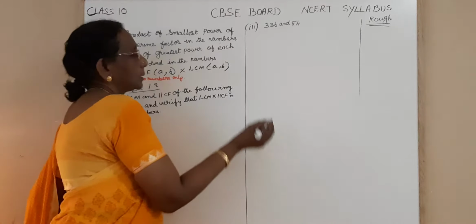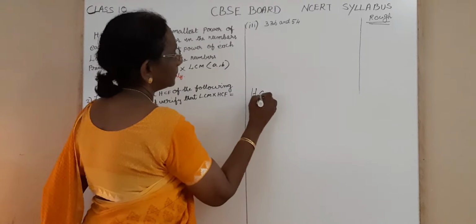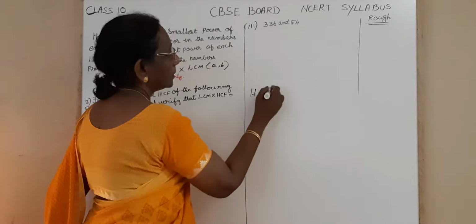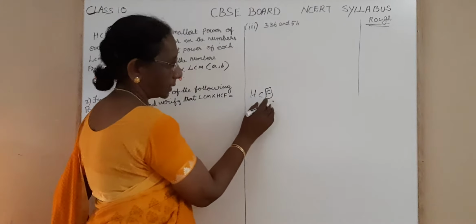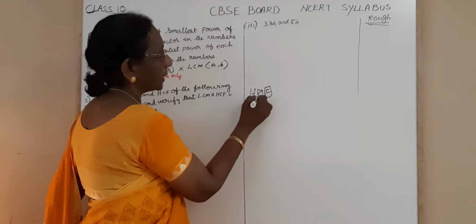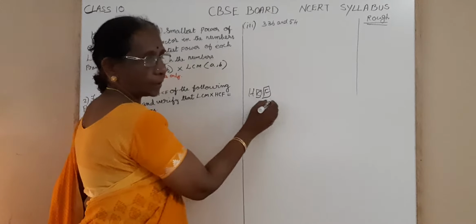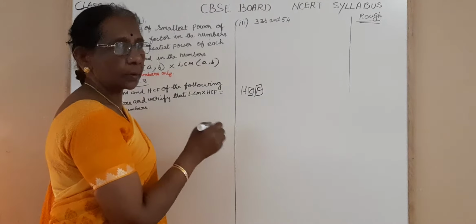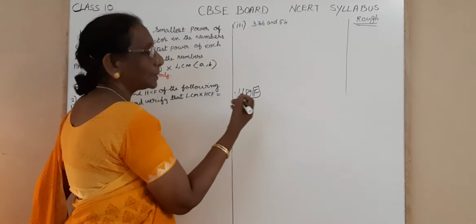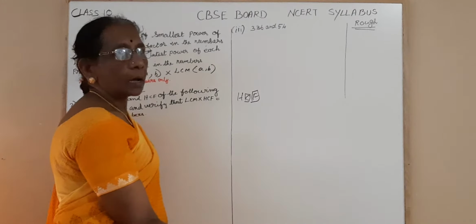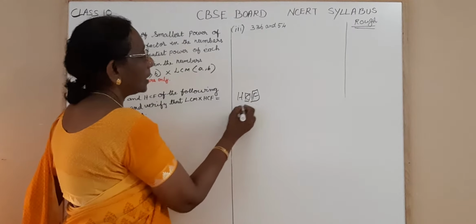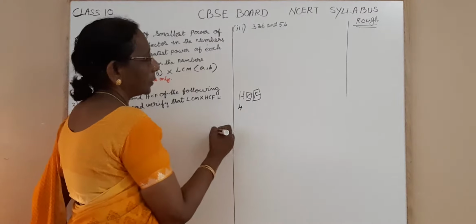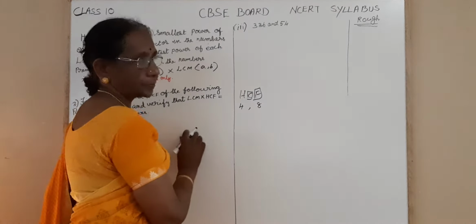What is the HCF? That is the highest common factor, isn't it? All of you know that. Let us recall what we learned in the earlier classes. Let us take the numbers 4 and 8.